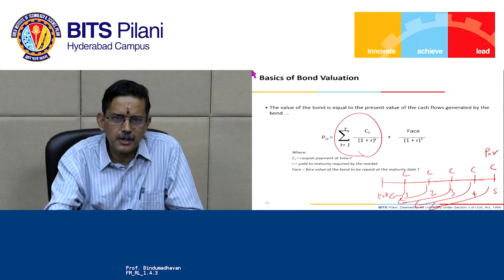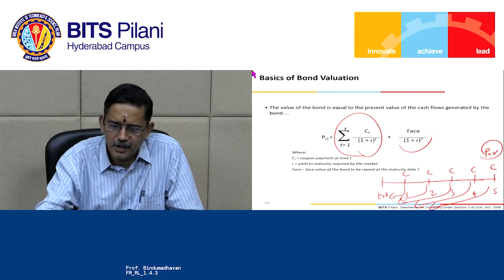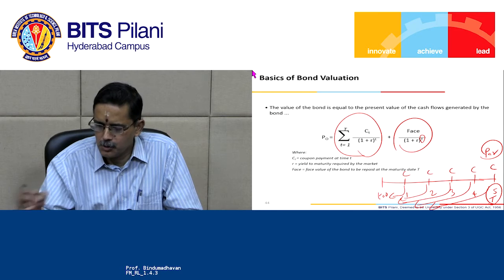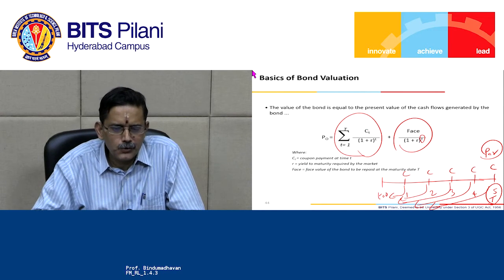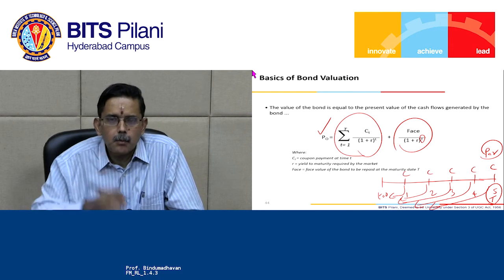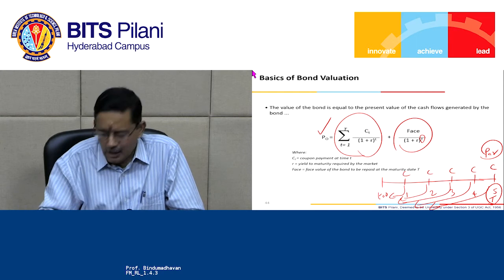The second one, C2 divided by (1 plus r) to the power 2, and so on. And then this par value we are discounting by time T, because the maturity is at capital T. That's the formula here. Using this formula, we can find the correct price that the bond should be trading at. That's how we value the bond.